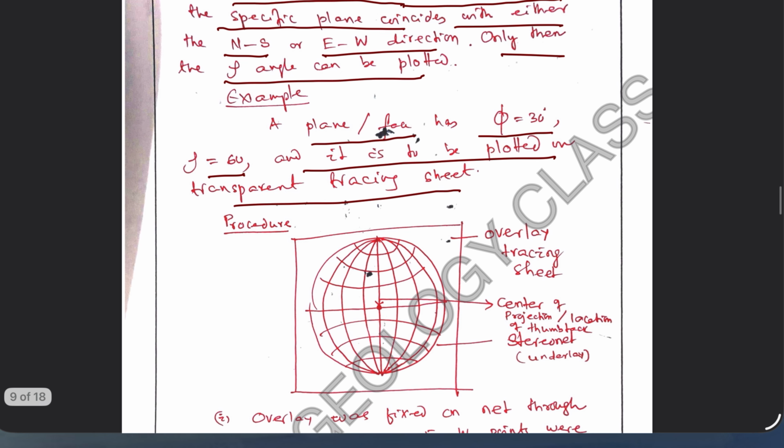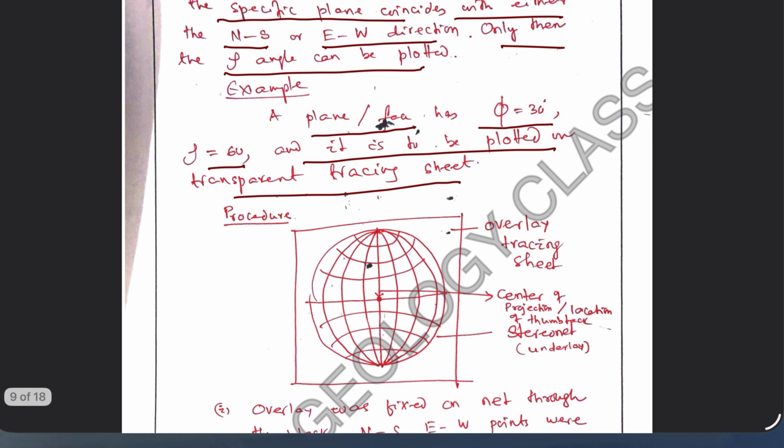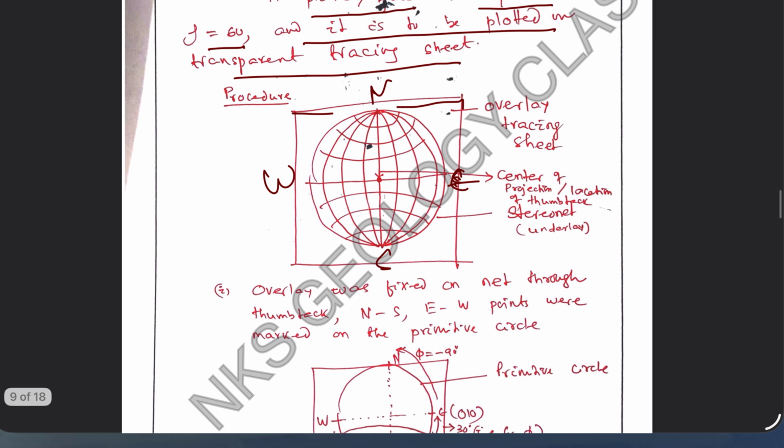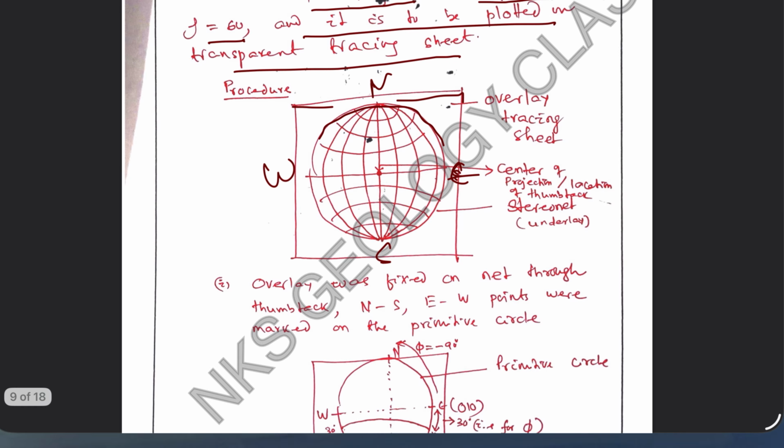So we have this net, the underlay, over it we have placed the tracing sheet, and we have marked north, south, east, west. The outer circle is drawn first to indicate the north, south, east, west points. The overlay was fixed on the net through the thumbtack at this point.